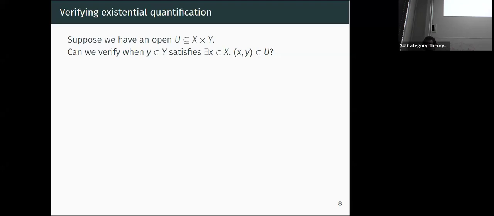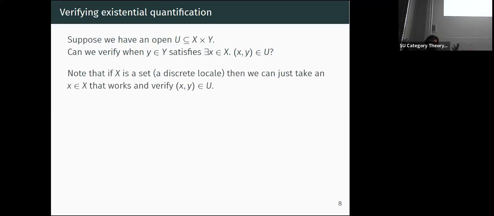I was talking about when we can verify universal quantification, but what if instead we want to verify existential quantification? Suppose we have some open in the product, and we want to know, given a Y, can I verify whether there exists an X such that X comma Y lies in this open? Is that possible?